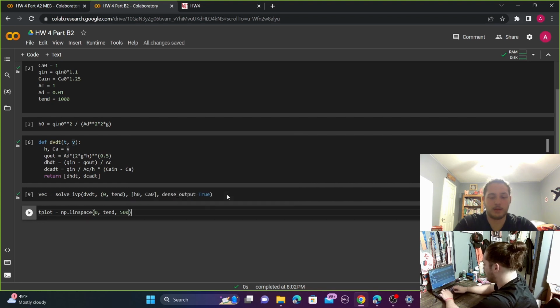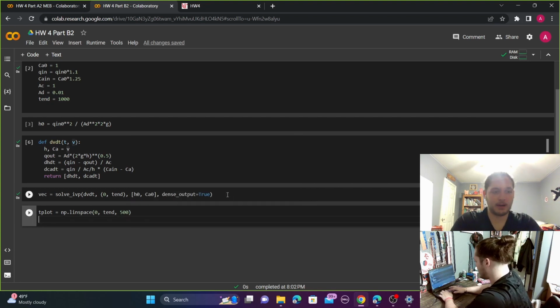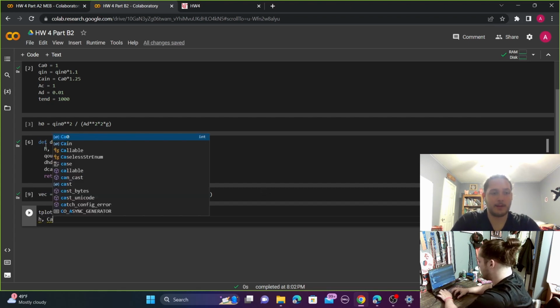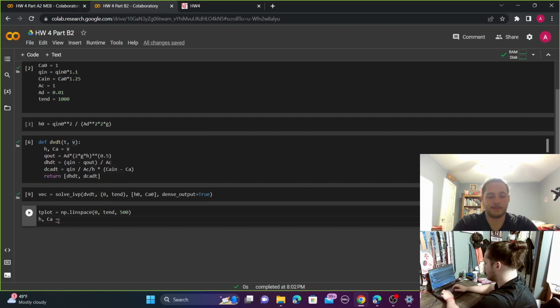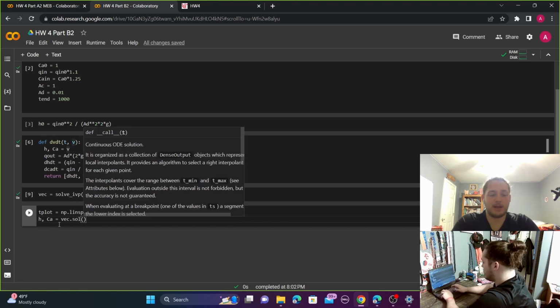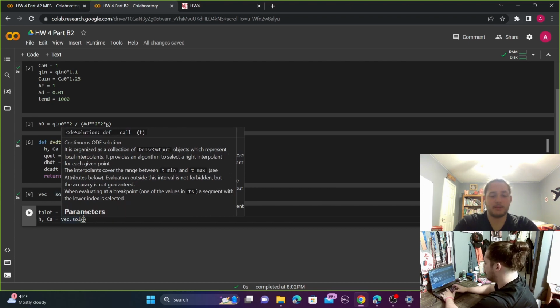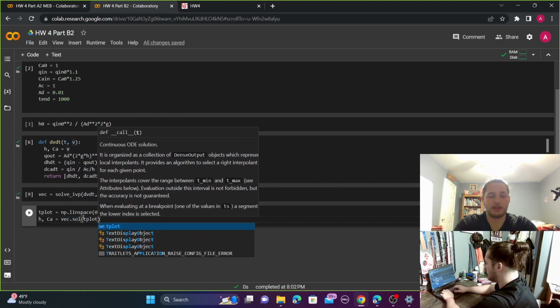Okay, now we can input our H and CA. We're going to want to unpack that because we have been using a V. So we have H comma CA is equal to vec.sol, and that is just going to be solving the initial value problem and putting the solution on our plot.